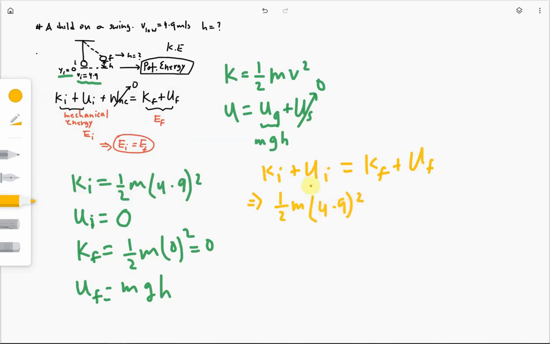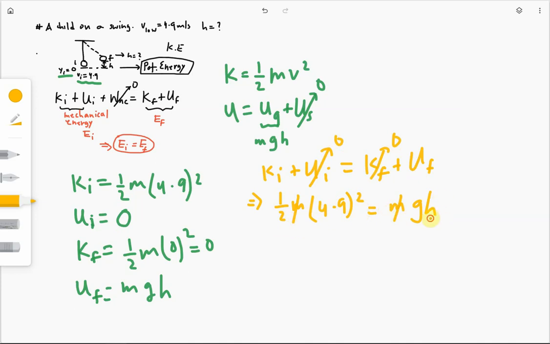This is 0, so no need to write it down. This is 0, no need to write it down. And final potential is m times g times h. Now we see that each term on both sides of this equation has this same mass in it, the mass of the child, so we can divide it out.